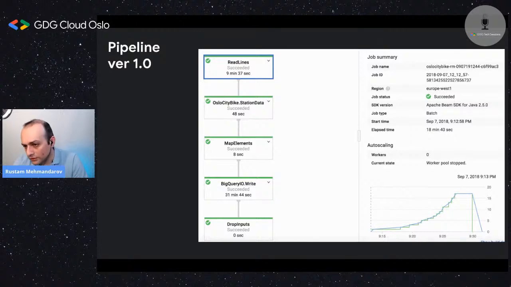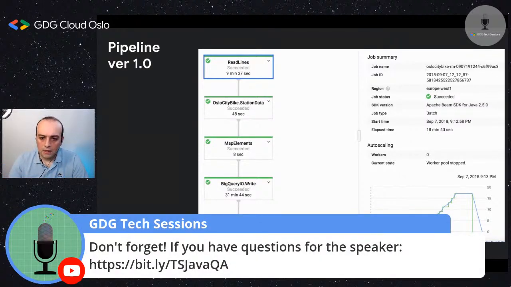It processed the whole thing in 18 minutes, as you can see there in the corner, and it used a little bit more than 15 machines, so I think it was like 17 machines or something. Well, 20 minutes, that's really nice. If I had to use my own computer to process the same amount of files, it would probably take much, much longer, running one after each other and processing these files, with file IO and all the other things.